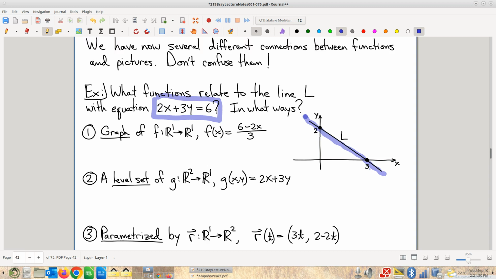What I'm trying to get across now is make sure that you are very clear on the difference between the graph construction, the level set construction, and parameterizations, because the way calculus looks in those three different contexts is completely different. And you've got to make sure to apply the right kind of calculus to the right kind of function to avoid, again, just producing nonsense. Everybody buying it?